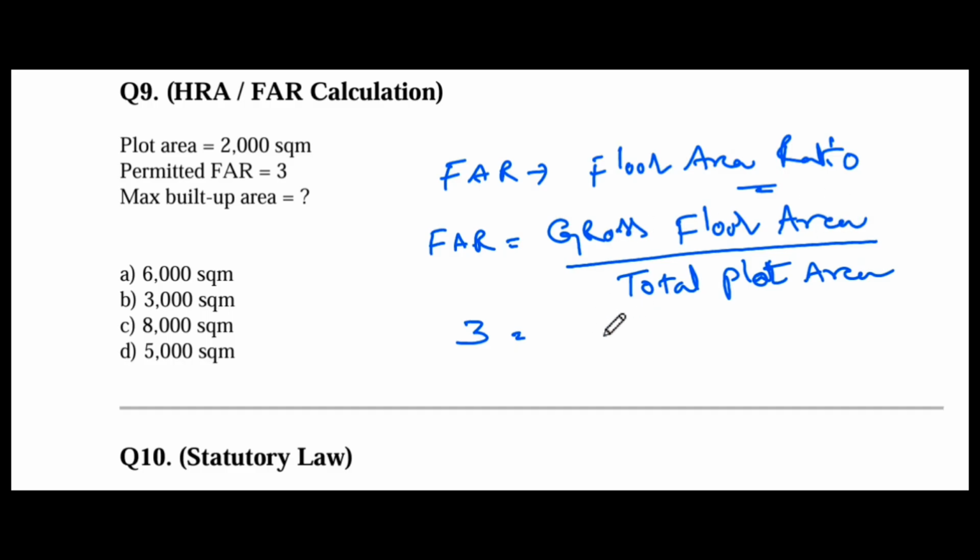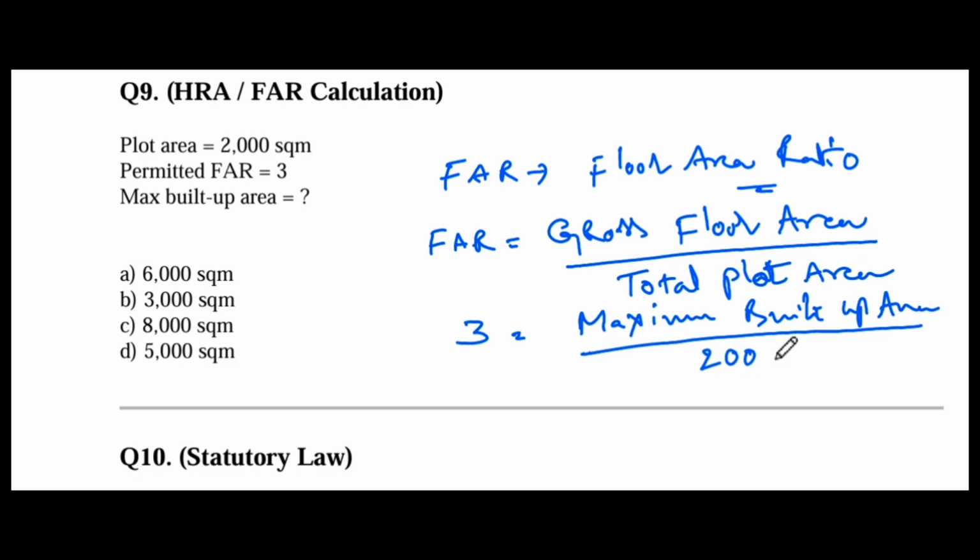Gross floor area means maximum build-up area allowed. Right? This is the maximum build-up area. The total plot area is 2000 square meters.